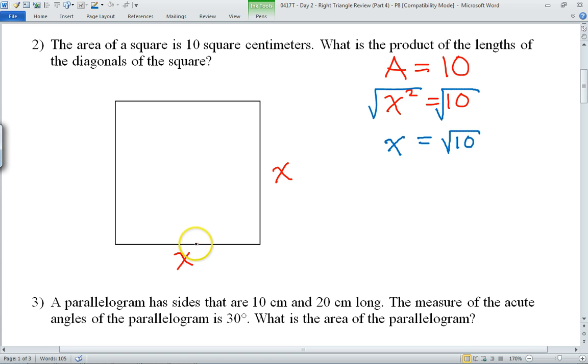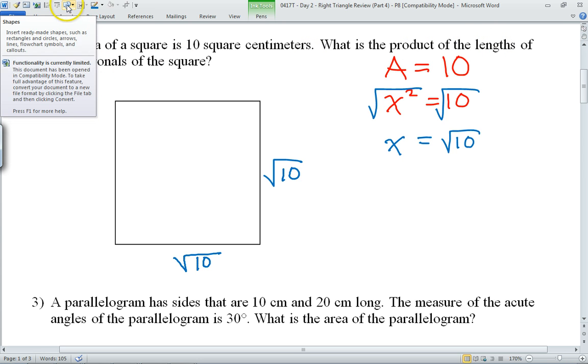So this is square root of 10, and this is square root of 10. Fine, but we're supposed to find the product of the diagonals.